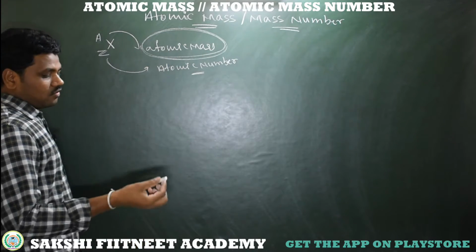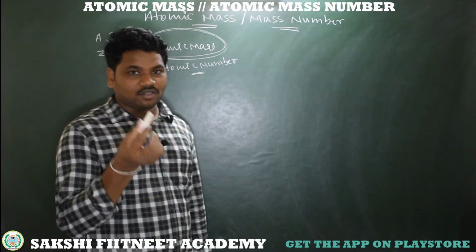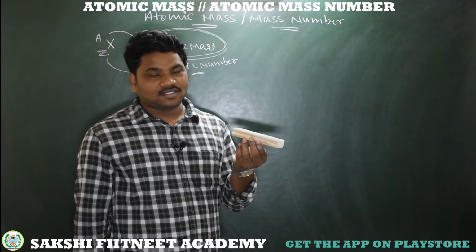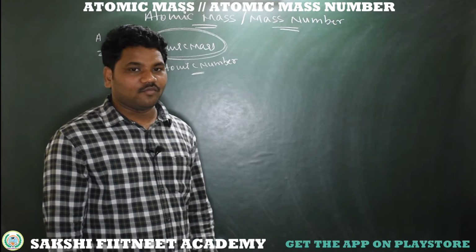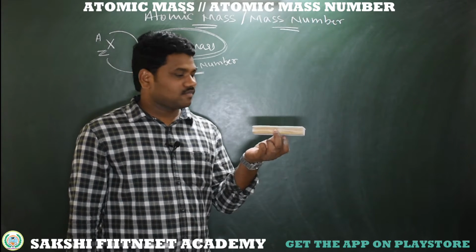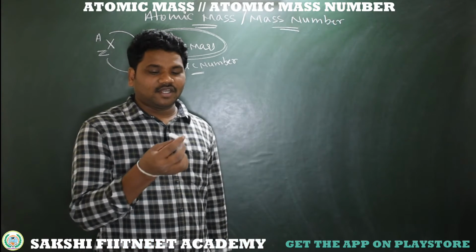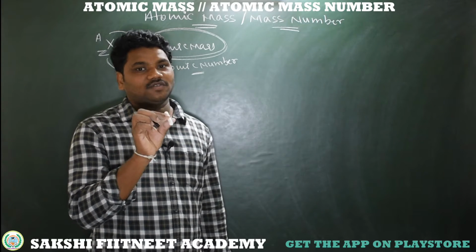Simply here, how we calculated the weight of the piece of chalk and the weight of the duster when comparing with the gram weight, we got 150 grams for the duster and 15 grams for this piece of chalk.